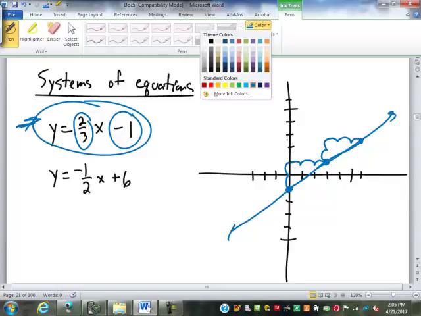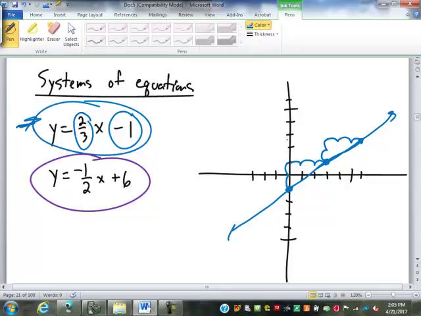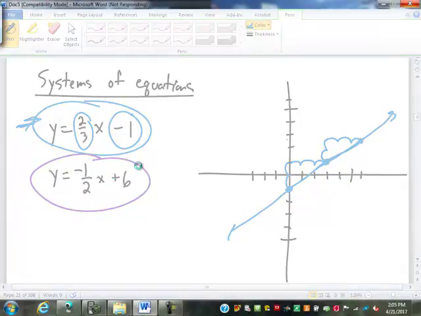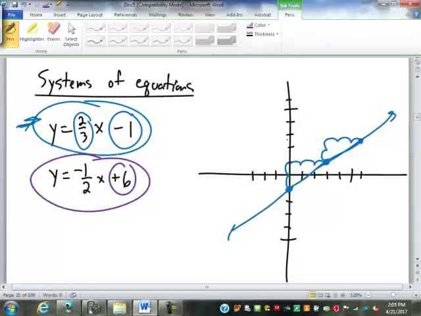The second equation, where are we going to start with that one? 6 is the number that's added, so we start out at 6, and from there we go down 1 and over 2. Perfect.